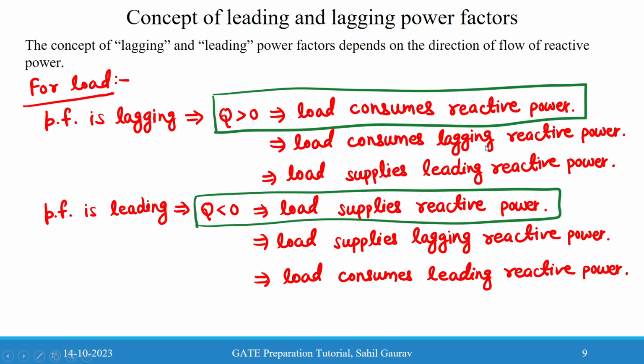If it is lagging, then it becomes leading, and if it is leading, then it becomes lagging in terms of the generator. In power system there is no requirement for that side, so for load you just keep this in mind.